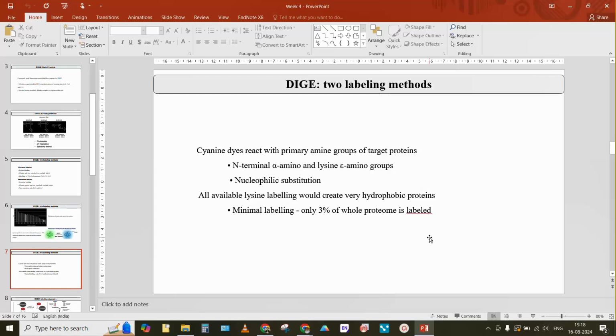Labeling all the available lysines would create a very hydrophobic environment for the protein. That was the case observed in the original paper by Unlu et al., as I told you in the first slide. To avoid that hydrophobic protein atmosphere, it is recommended to do minimal labeling of only 3% of the whole proteome, so that overall it is not very hydrophobic.